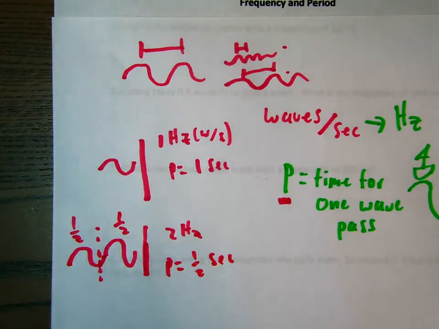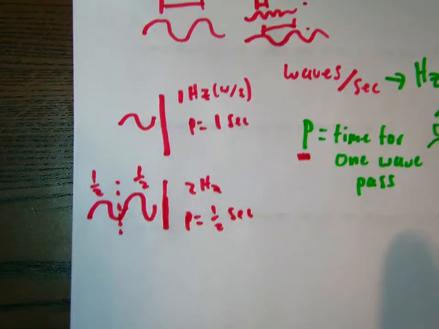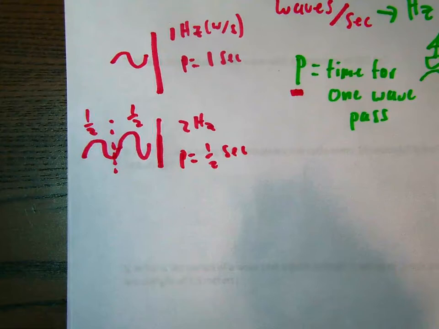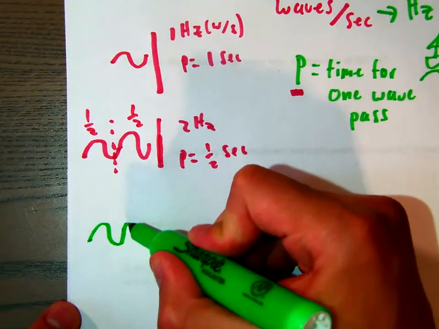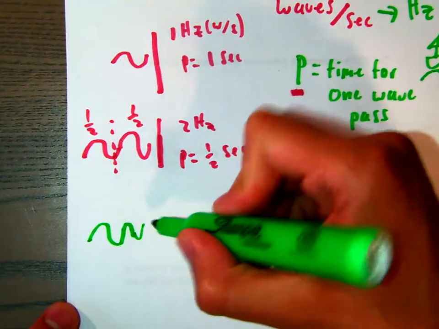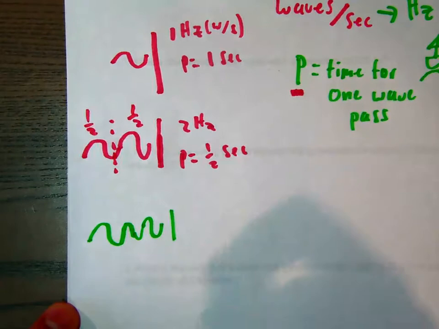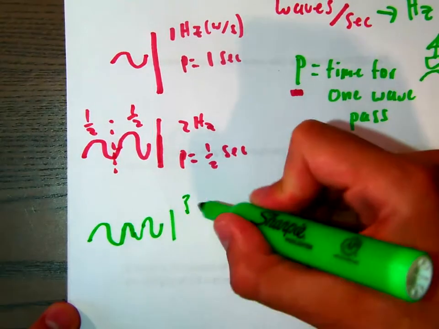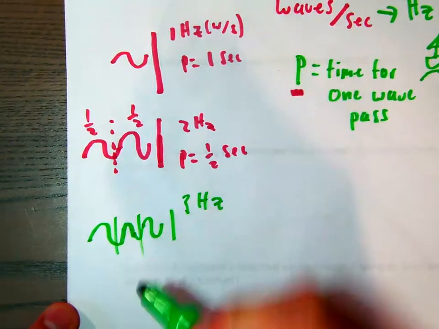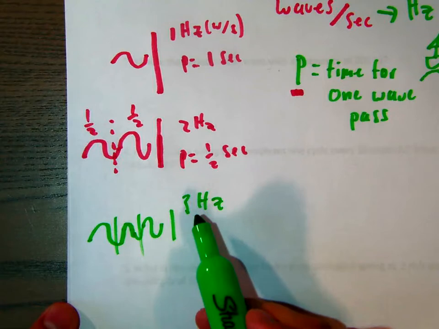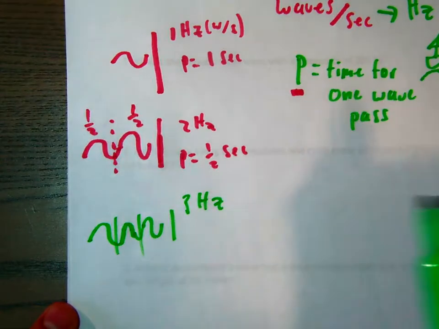And we can just keep extending that. Let's say I have the next frequency, in which I have a wave here. I have 1 wave, 2 waves, 3 waves, with a frequency of 3 hertz. Well, if I have a frequency of 3, that means 3 waves pass per second.